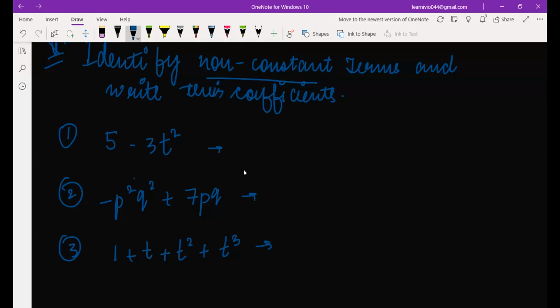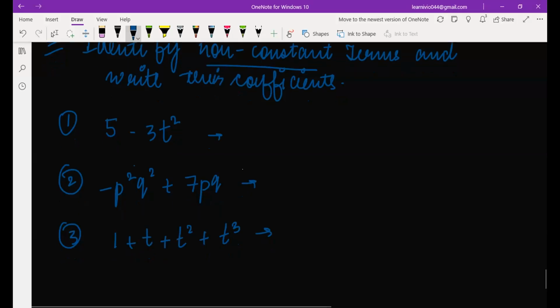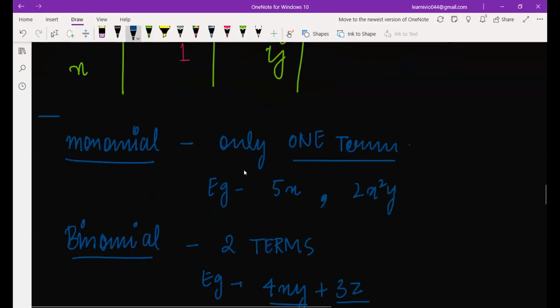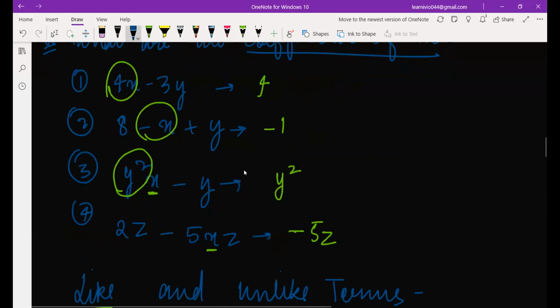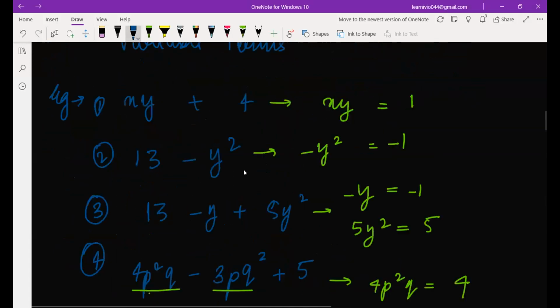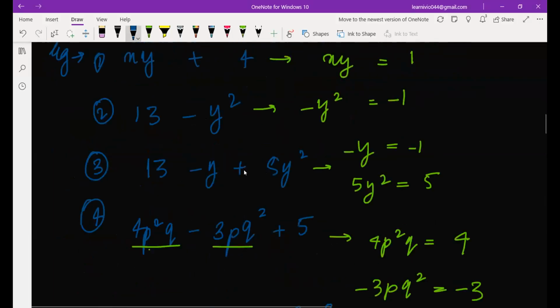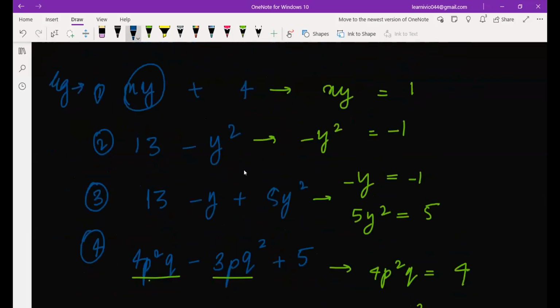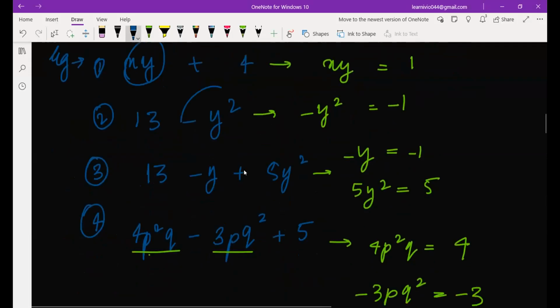Ma'am, the non-constant terms means without the numbers and letters. I told you there are two types of terms: constant terms and non-constant terms. So constant terms are basically the numbers. For example, I told you this. See, we studied. Like, what are the non-constant terms over here? Xy was non-constant. Over here, minus y square was not constant.